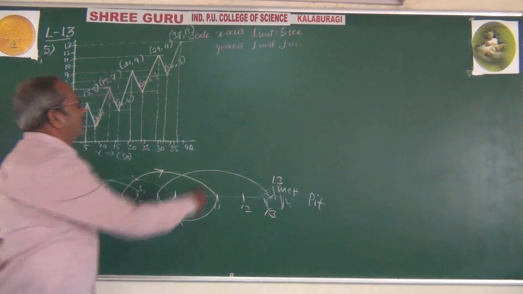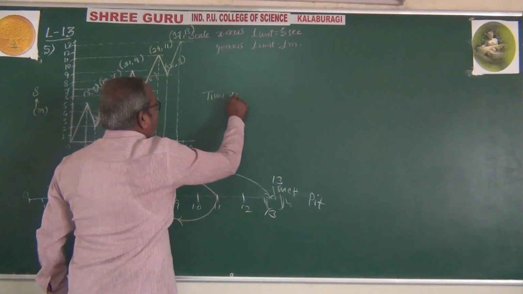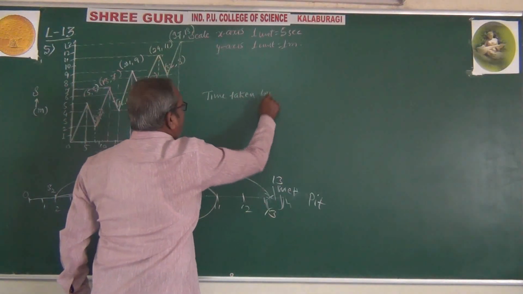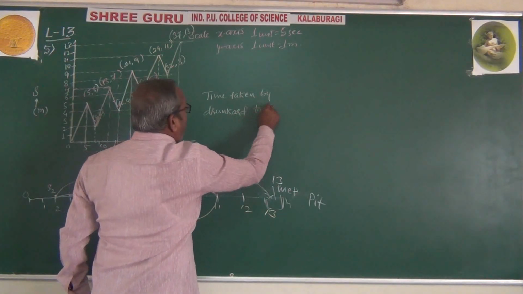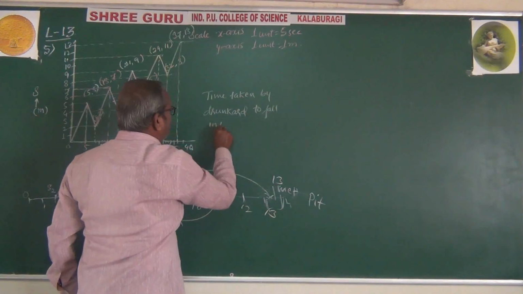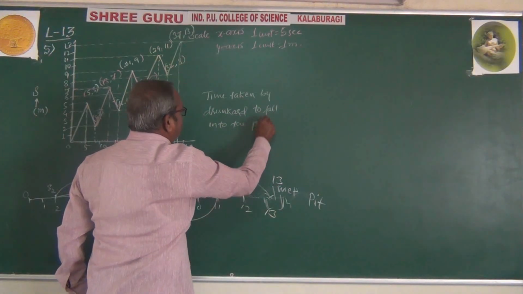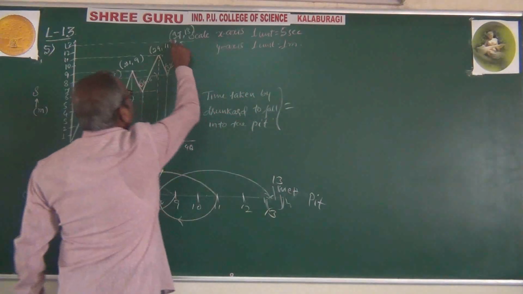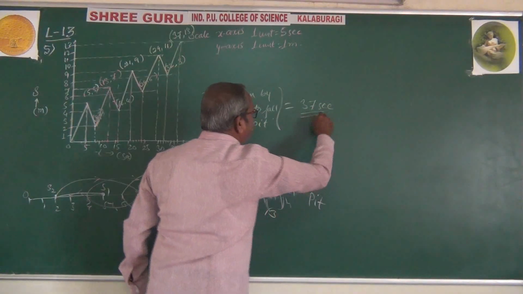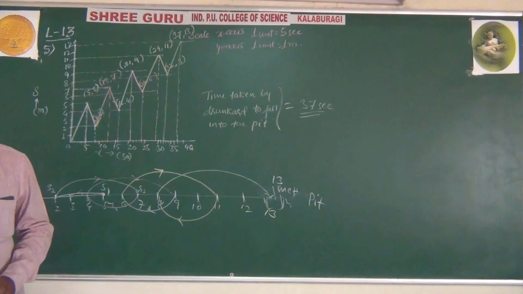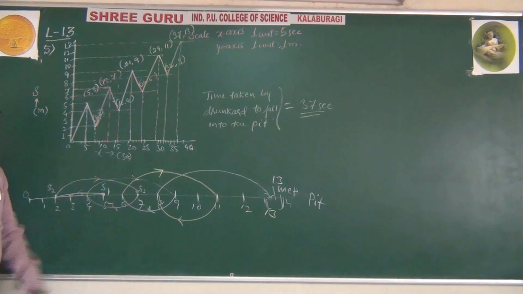Therefore, the time taken by the drunkard to fall into the pit is equal to how many seconds? 37 seconds. So this is the graphical method. By plotting the position-time graph, finally he will fall into the pit after a time of 37 seconds. Is it clear?